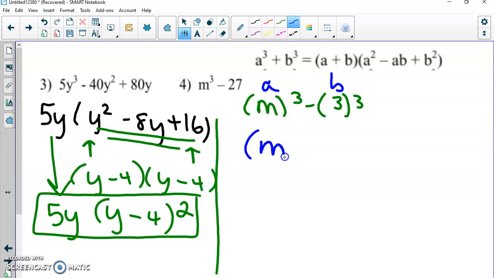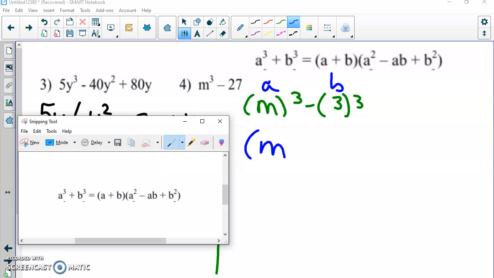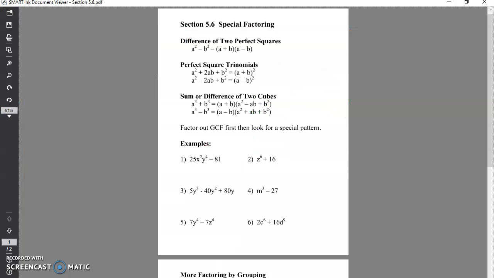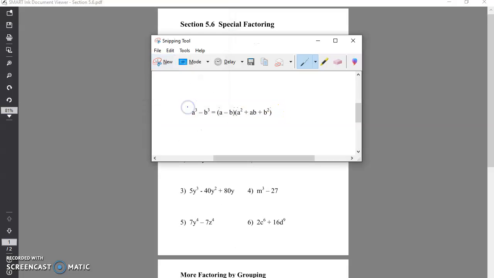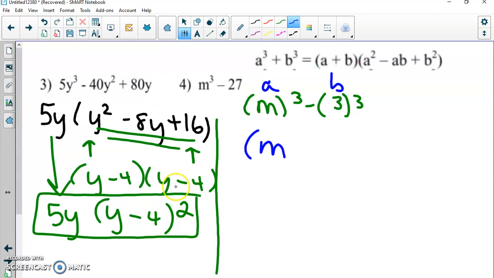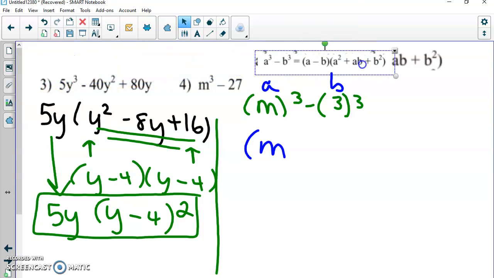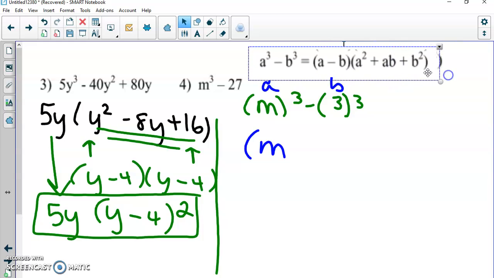So we are going to get M. Oh, I just said sum, but it's actually the difference. I hit the wrong one. Not good. This formula. This is the one we want.